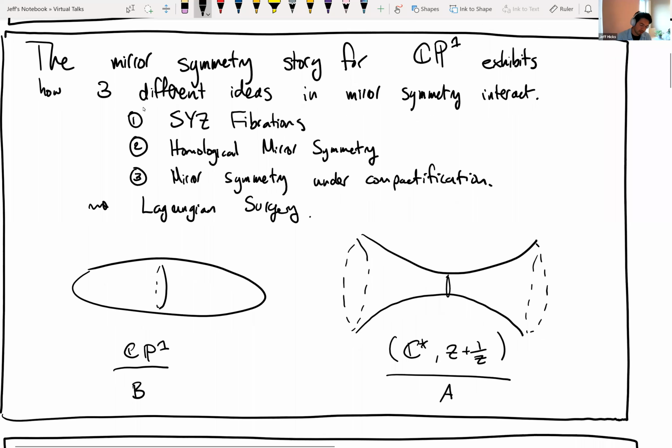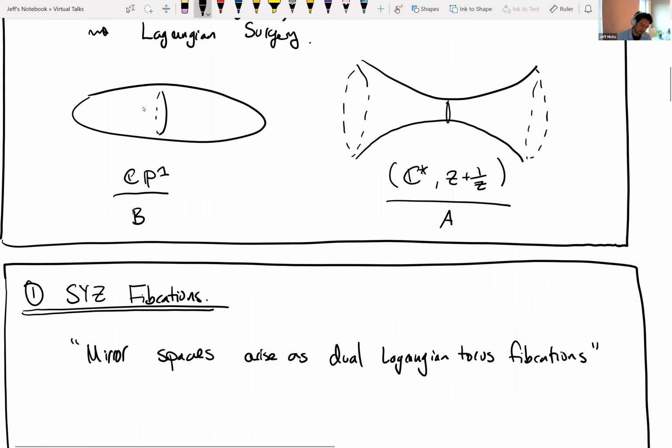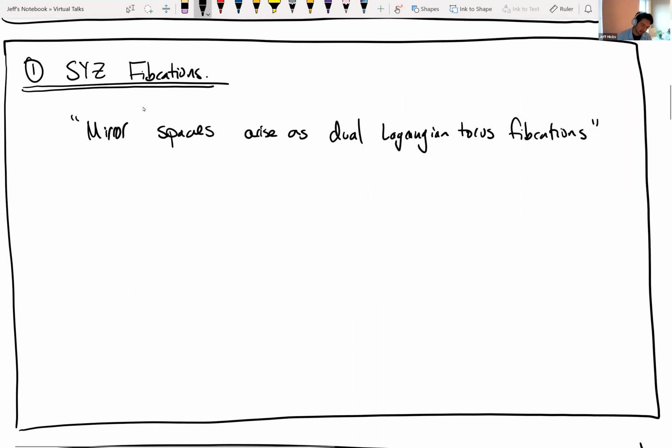So let's start with talking about SYZ fibrations. Hopefully most people have seen some version of SYZ fibrations before. I'm going to mostly use this as a chance to fix some notation that I'll be using throughout the talk. So the principle here is that mirror spaces arise as dual Lagrangian torus fibrations.